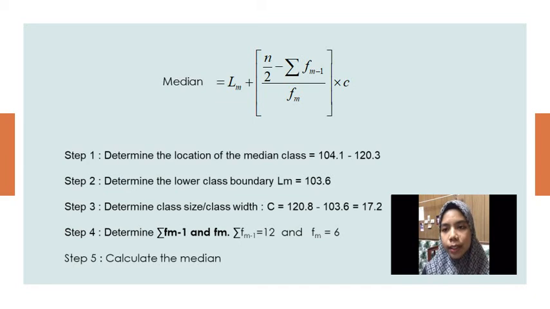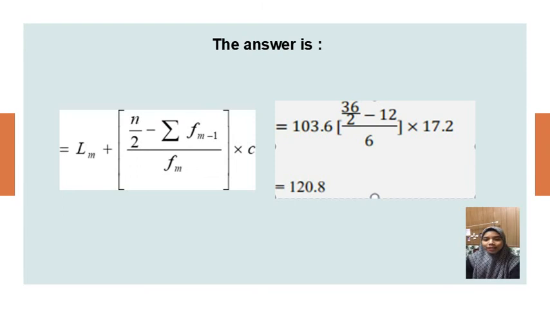Based on the formula, Lm plus open bracket n divided by 2 minus the Greek capital sigma F sub m minus 1 divided by f sub m close bracket times C, we get 103.6 plus open bracket 36 divided by 2 minus 12 divided by 6 close bracket times 17.2.